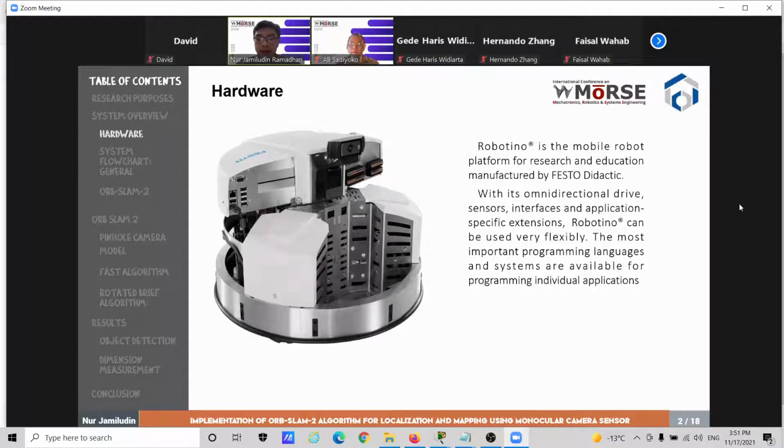Robotino has a bumper sensor around its circumference, infrared distance sensors, a color camera with VGA resolution, and many more sensors. For signal input and output, Robotino has several interfaces like USB, Ethernet, digital and analog inputs, digital outputs, additional motor output for driving high loads, additional encoder, and the power is supplied by two 12-volt 5-ampere batteries.